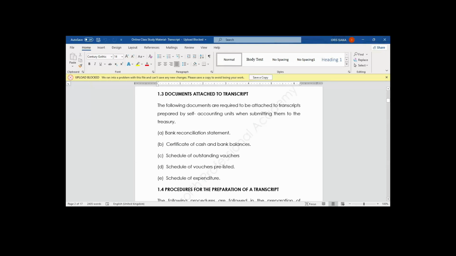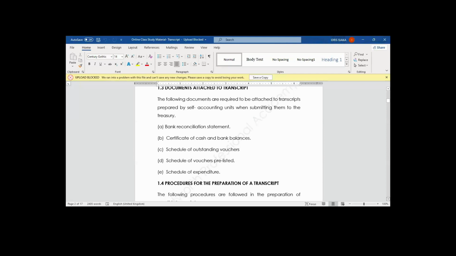Number four, schedules of voucher pre-listed, while number five, schedules of expenditure. You may be asked to list out documents attached to a transcript. There are like 5 documents attached to a transcript, and even more than 5, but these are the main documents.